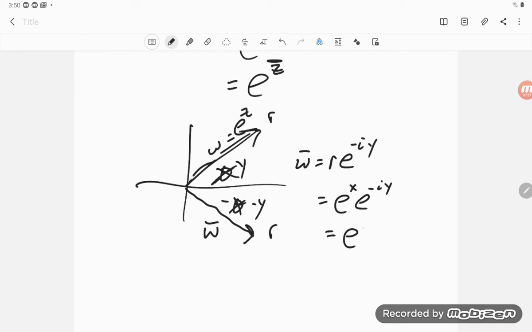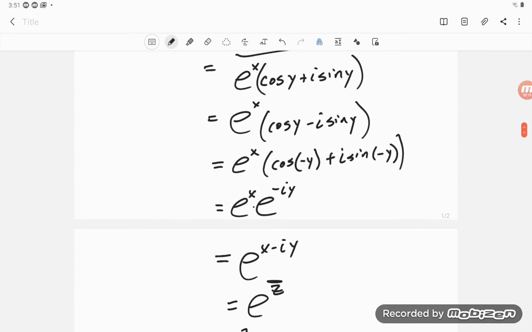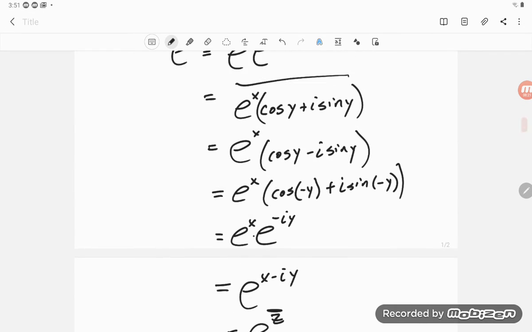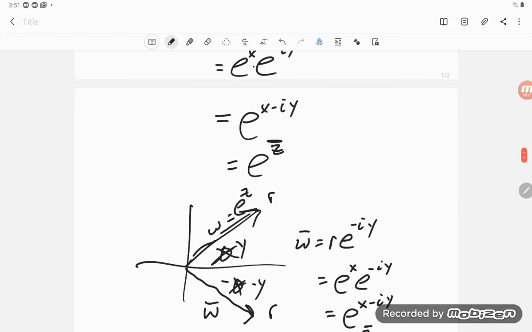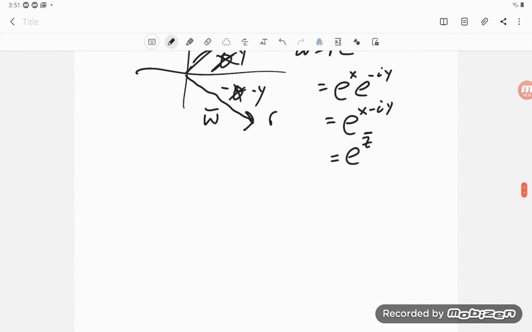And so this is our e to the x minus iy, and so that is e to the z conjugate. So we can see it that way from the geometry of what we know conjugates are, but we can also just go through our trig identities and Euler's formula to get it that way. But that's the only one that I think really needs something from that.